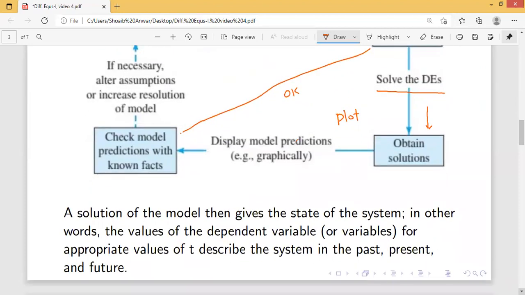What will be the advantage of that mathematical model? The solution of the model gives the state of the system. That means you can get the value of the dependent variable or the unknown in the past, present, and future with the help of that mathematical model.